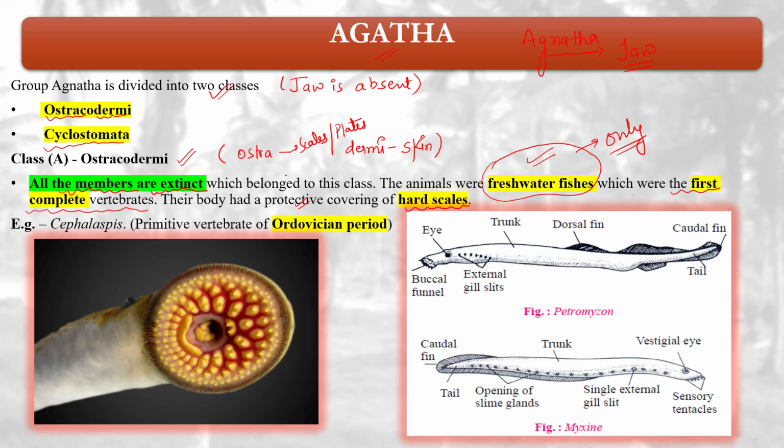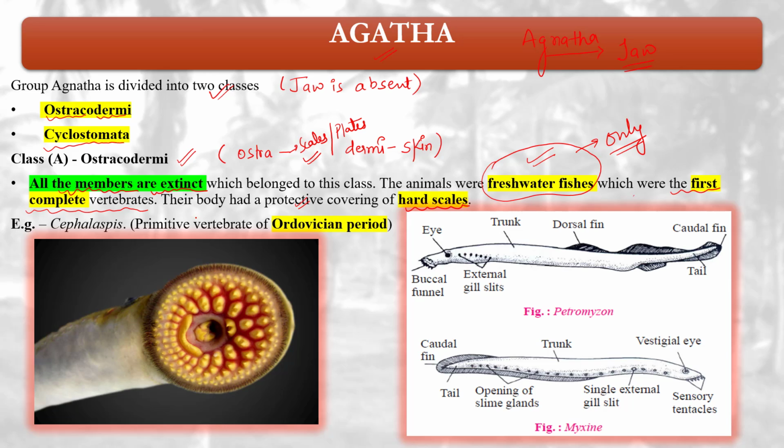So ostra means it has plates or scales over the skin, and they give them rigidity and support. All members belonging to this class are extinct. They are only freshwater fishes, and they were the first complete vertebrates to evolve.